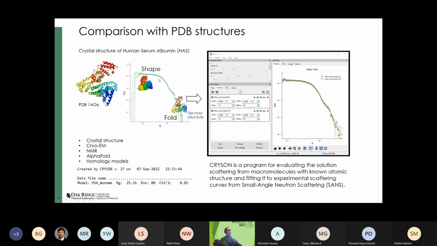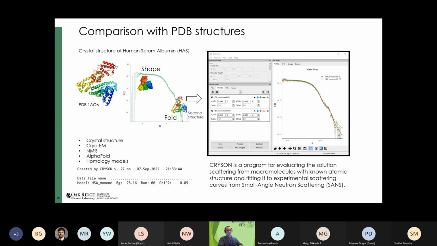And then if you go to the intermediate Q range and the high Q range, here is more local information that we can get, about the folding of the structure. So if you have smaller differences in the high Q region that do not agree with your scattering profile, it means that there's flexibility in your system that can be modeled.